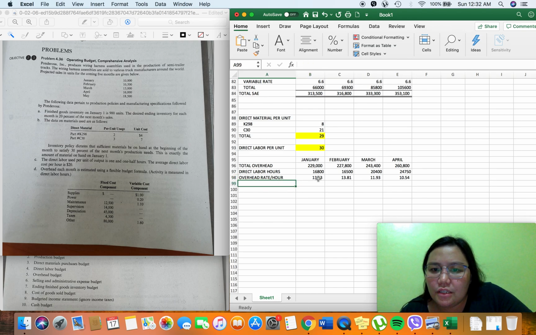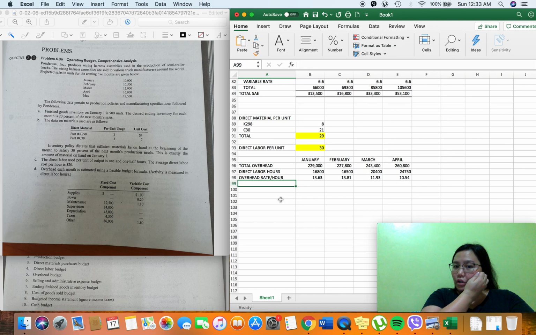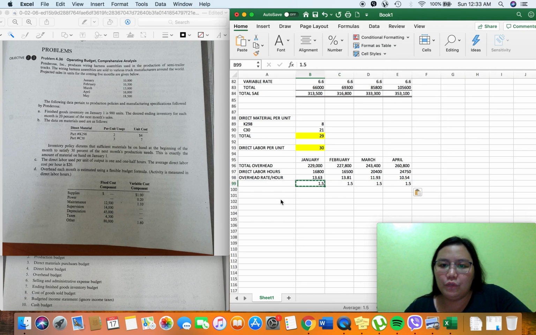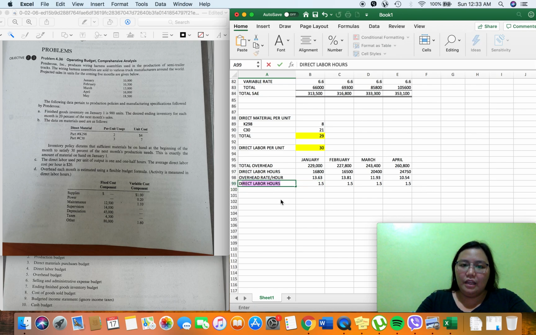So this is not yet the per unit, but the overhead that will be shouldered by the units manufactured in January, February, and March. Since one unit of finished goods requires 1.5 hours of direct labor, we will multiply the overhead rate per hour by the direct labor hours required.